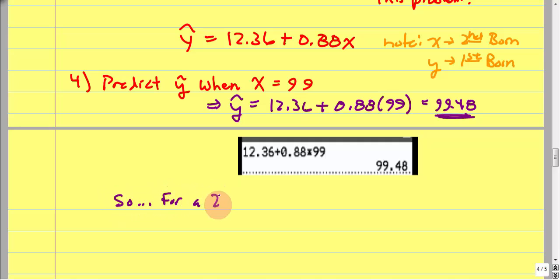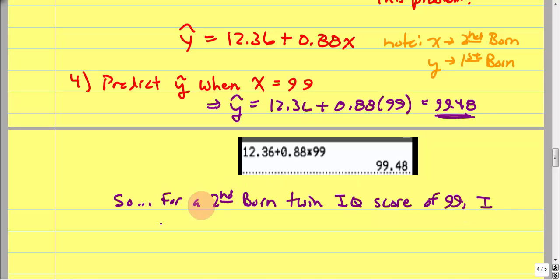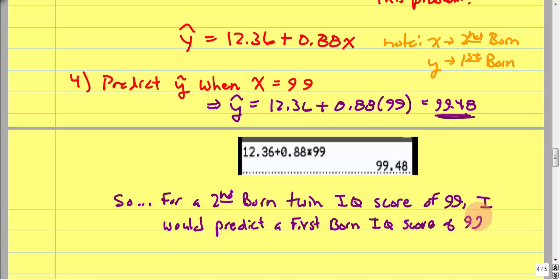So for a second-born twin IQ score of 99, I would predict a firstborn IQ score of 99.48.